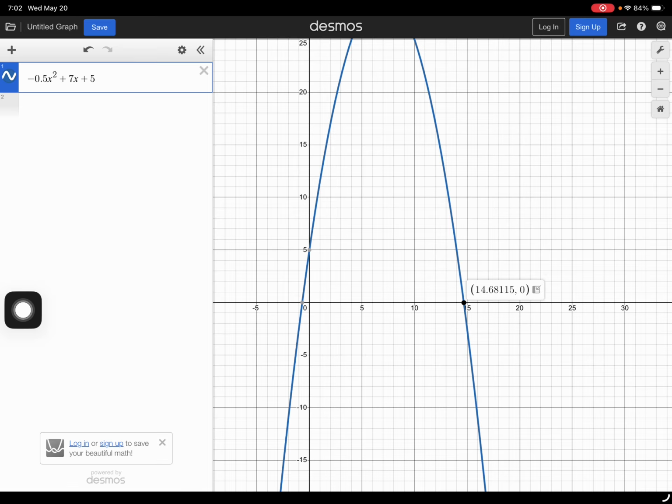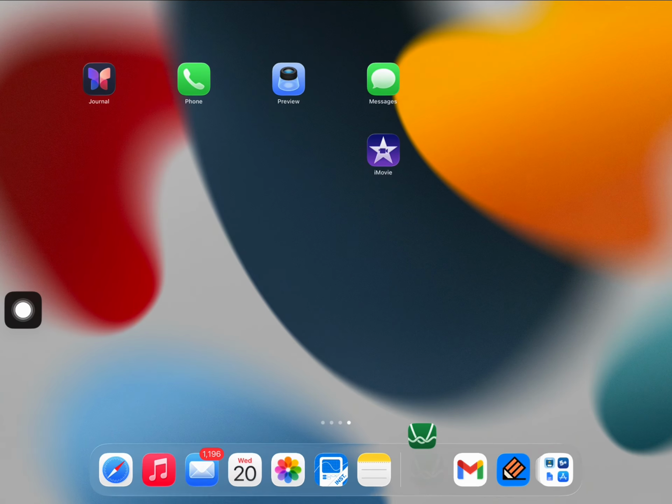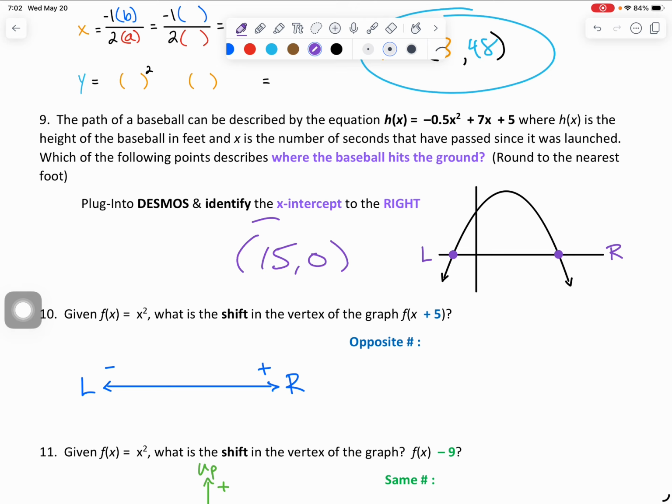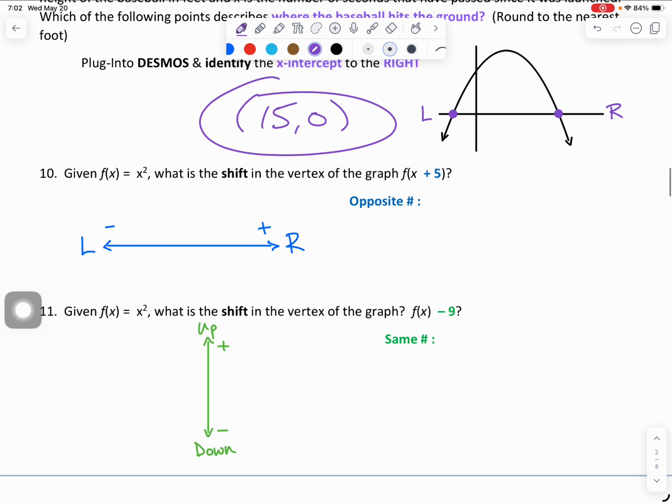And if we just click on the graph itself, well, 14.68, we will round that to the whole number of 15 because that 6 tells us to round up. So let's go ahead and write 15, 0 as our answer.